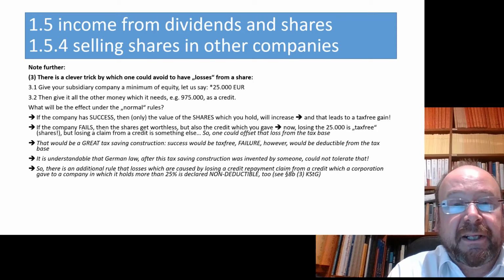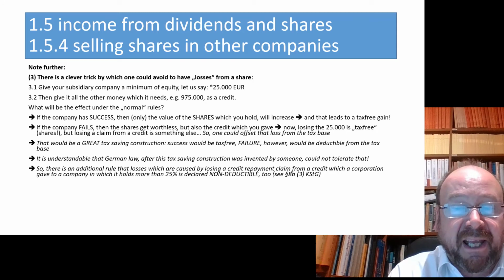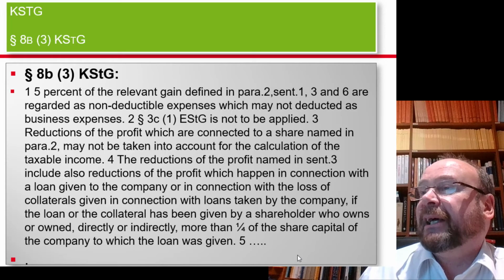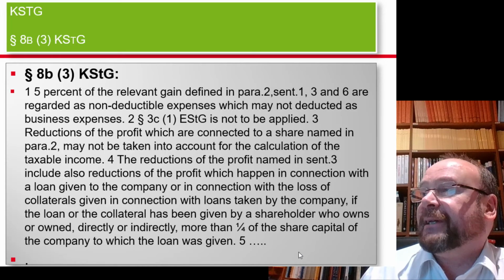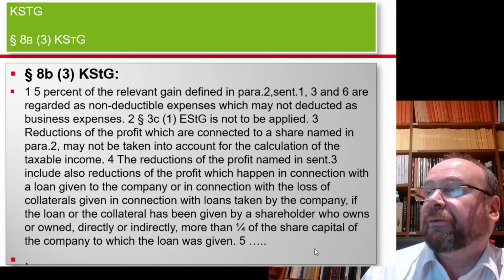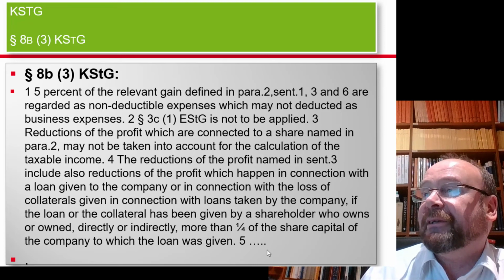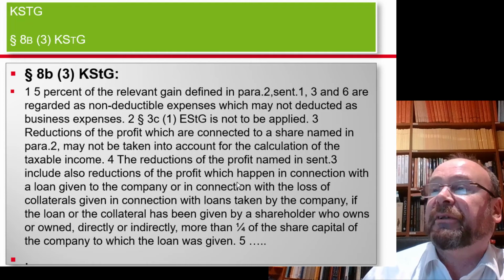And so an additional rule was introduced into 8b3, and this rule begins in sentence 3 of 8b3, which says reductions of the profit which are connected to a share named in paragraph 2 may not be taken into account for the calculation of the taxable income.